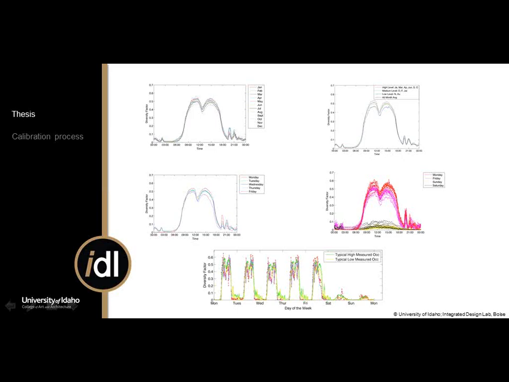So with this graph, I'm trying to show the variability in people. Down here, people have done stochastic models, trying to model human behavior in energy modeling. So I'm just comparing one of the researchers' models to the deterministic profiles that I came up with.